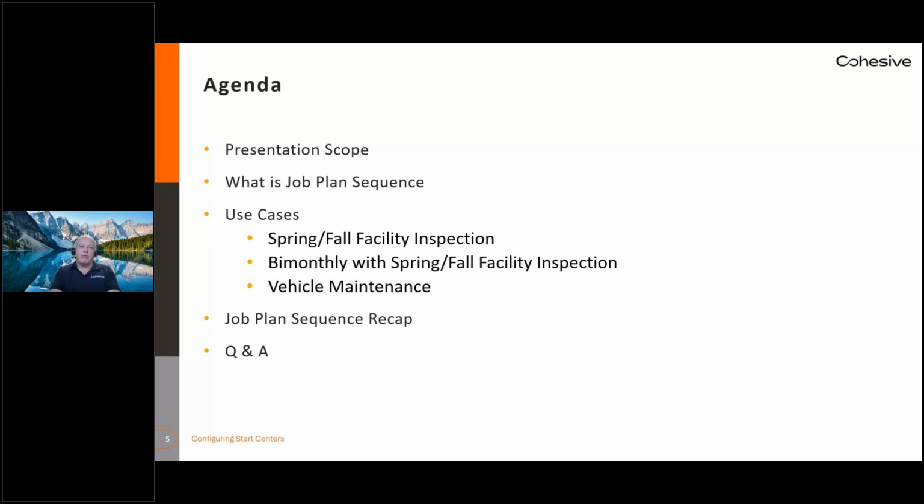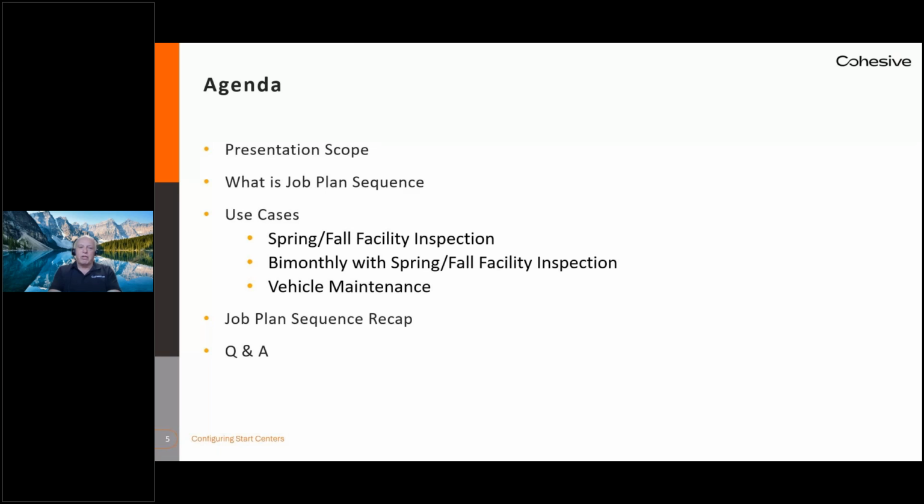What we're going to go through today is job plan sequencing. It's been around in Maximo for a very long time. We're going to talk about what the scope of the presentation is, and then we're going to get into job plan sequencing, how to use it, what it's used for, and some of the business rules or business logic required to set it up. And we're going to do 3 use cases to show and highlight some of those business rules.